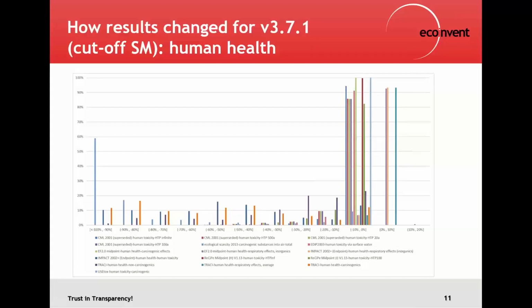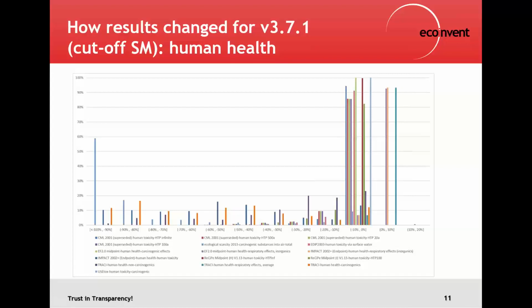The whole analysis in all system models, because I will only be showing you cutoff. The other two system models, they follow the same tendency. The graphs are different, but the tendency is pretty much the same. But you can find the whole analysis in a technical report we published comparing 3.7 and 3.7.1, and also in the change report. I will be mentioning that later.